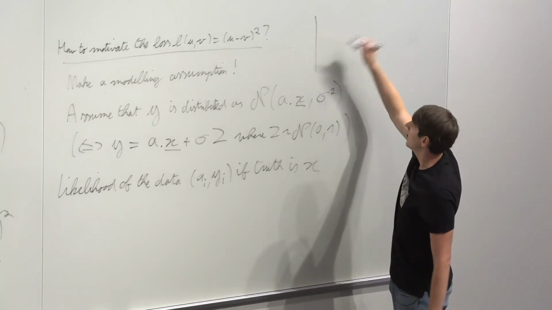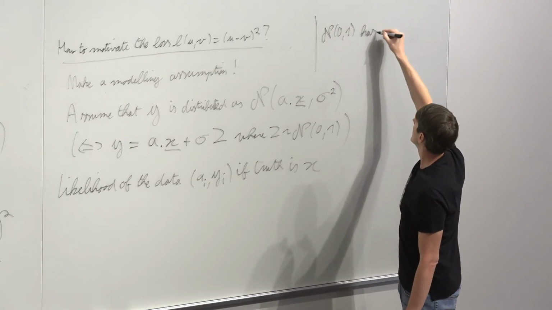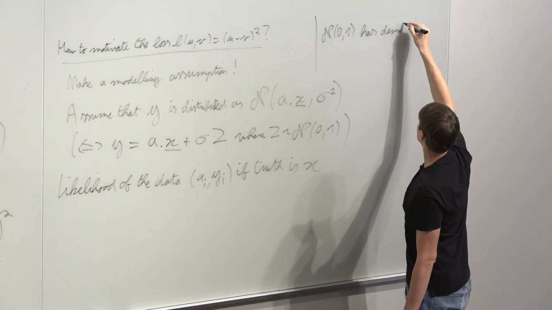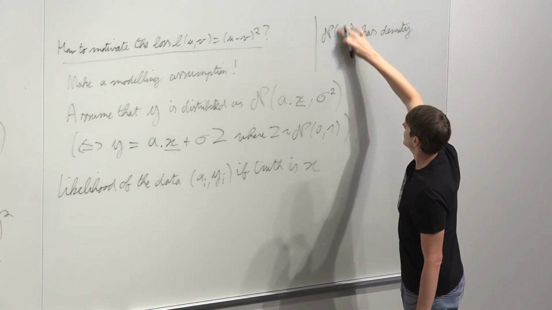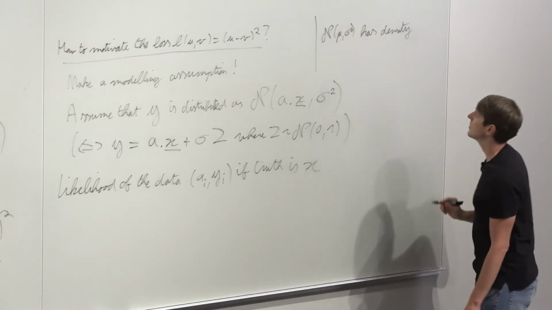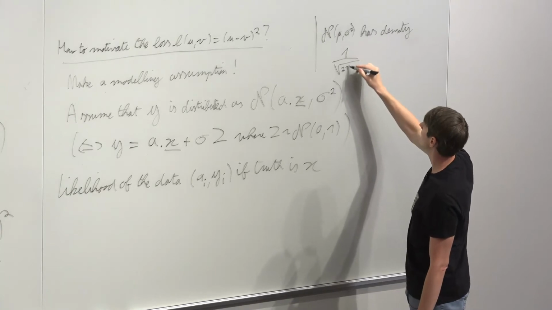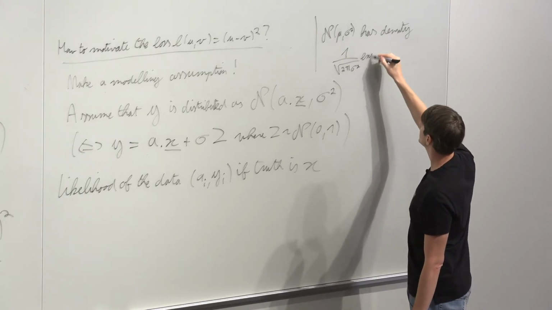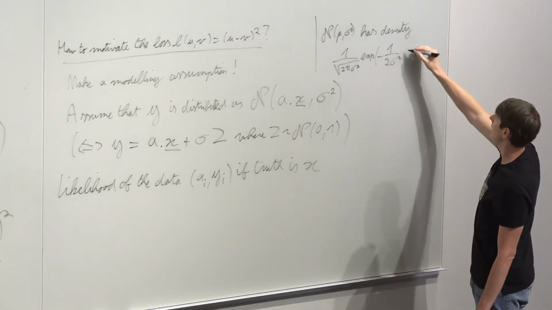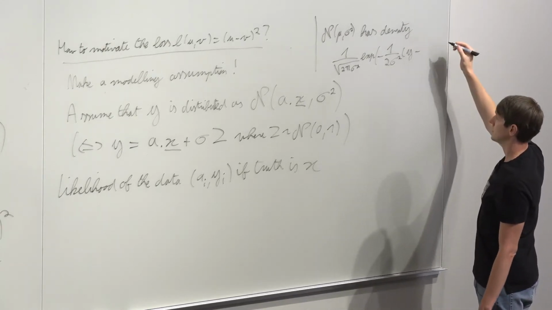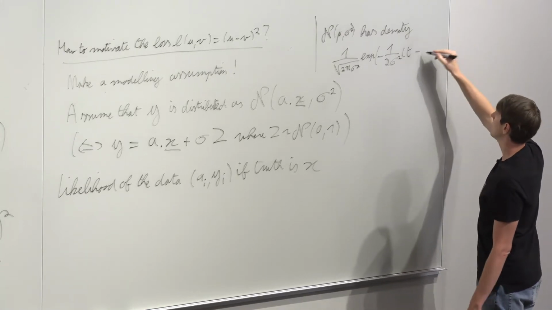Recall that the density of the Gaussian, so an N(0,1), has density, maybe let me put a sigma squared here and maybe a mu. An N(mu, sigma squared) has density of the following form: 1 over square root 2 pi sigma squared, exponential minus 1 over 2 sigma squared, (y minus mu) squared.